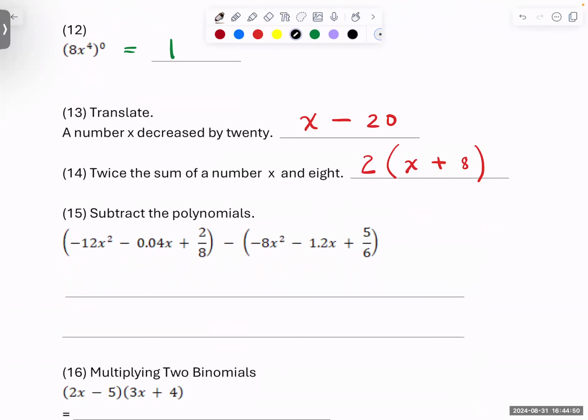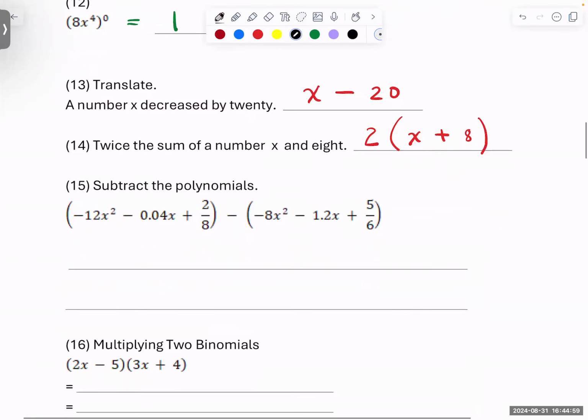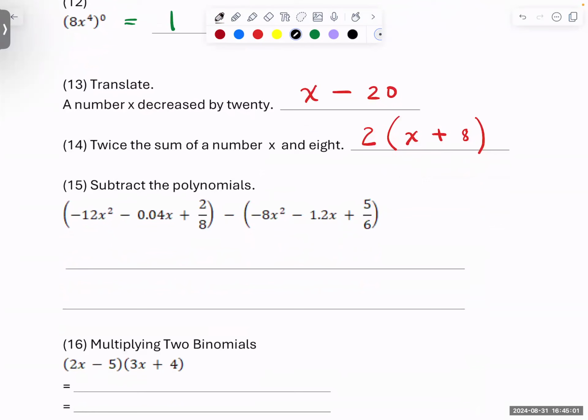Number 15. Subtract the polynomials. These are both second degree polynomials. So let's think of distributing the minus in the middle. That'll cause some sign changes because there's a negative 1 that's being multiplied. So in multiplication, negative times a negative is positive, and a negative times a positive will be a negative. So let's drop the first parentheses because the coefficient outside is just a plain positive 1.